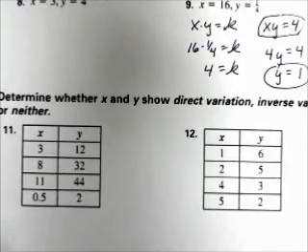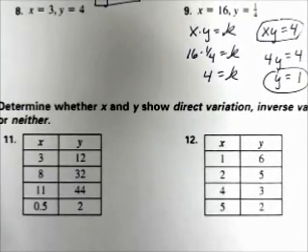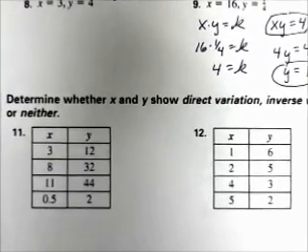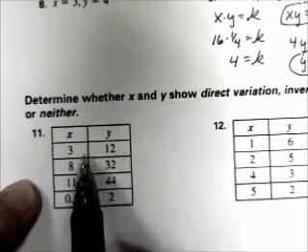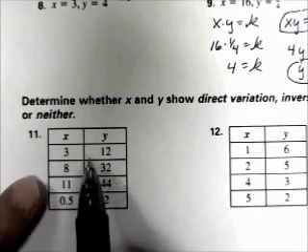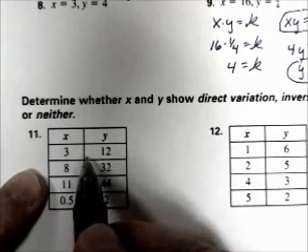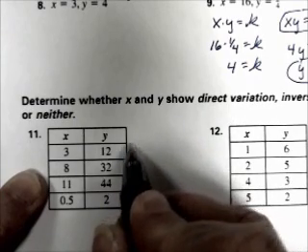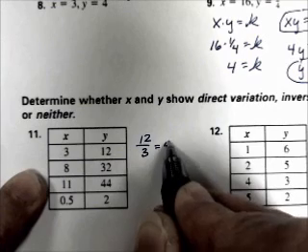And 11 through 14 says determine whether x and y show direct variation, inverse variation, or neither. Okay, so we're just simply going to try. First, if I try for direct, is there a constant ratio here? So if I take y divided by x, 12 divided by 3 equals 4.